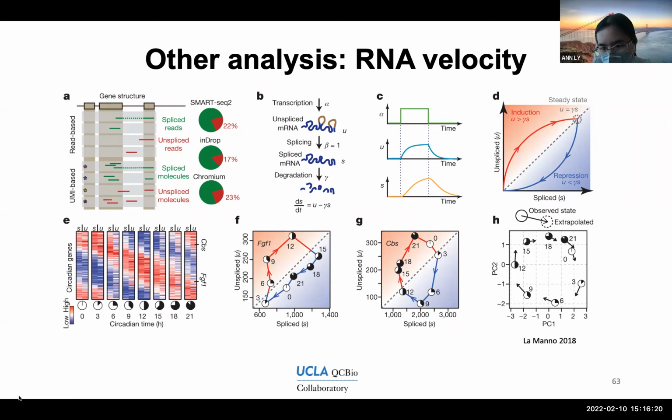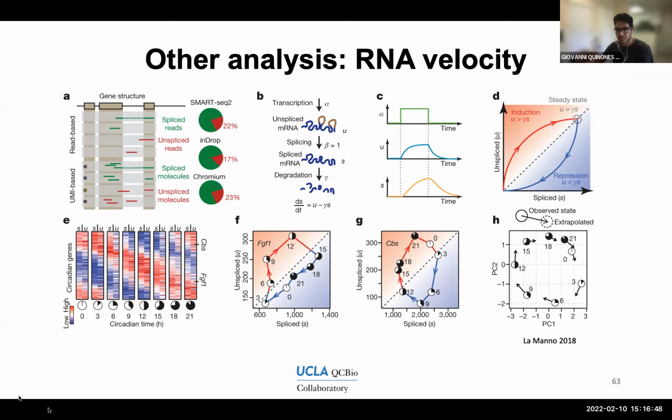Oh, sorry, I didn't lower my hand. Okay. So as you can see, the study of RNA sequencing is not only limited to gene expression. You can also study other cool features such as splicing.